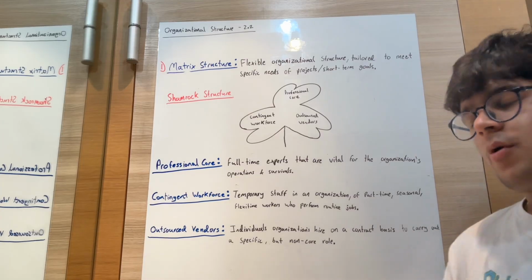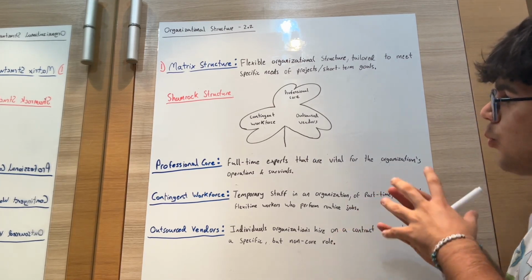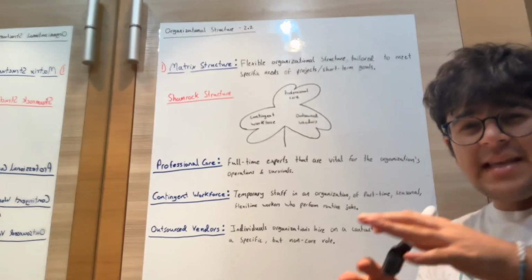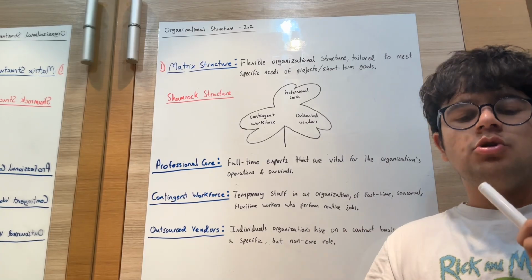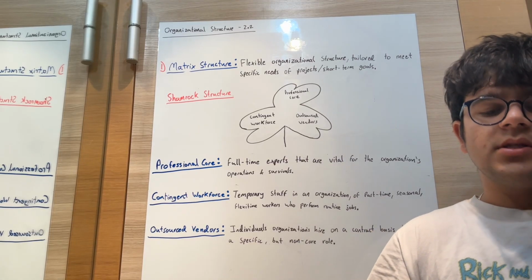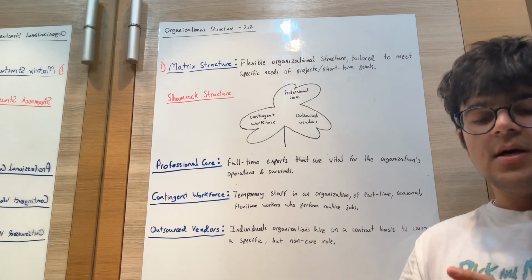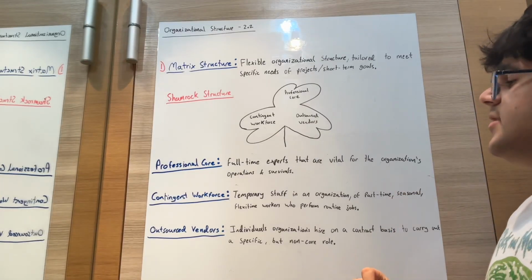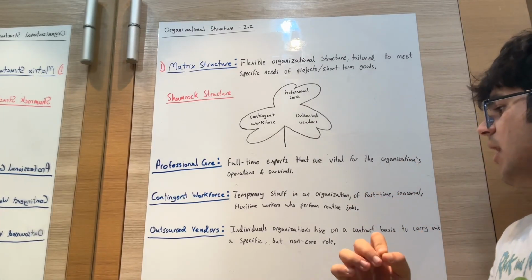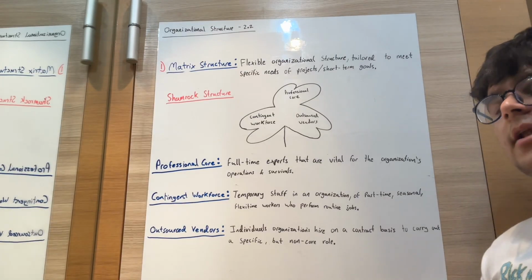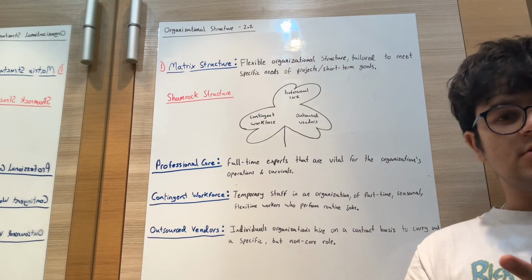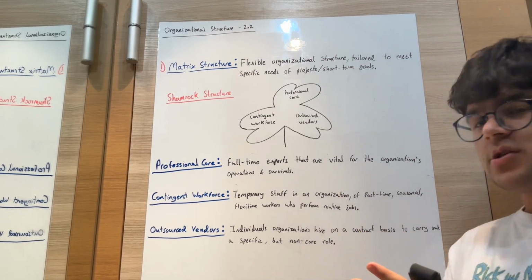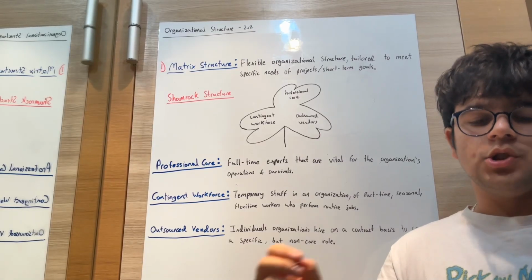Secondly, we have what we call the contingent workforce. In other words, we can also call the contingent workforce the peripheral workers. These are temporary staff in your organization that could be part-time, seasonal, or flexi-time workers who perform routine jobs.